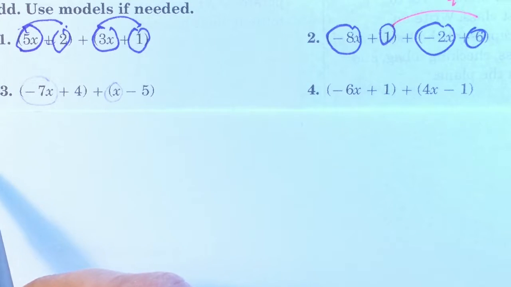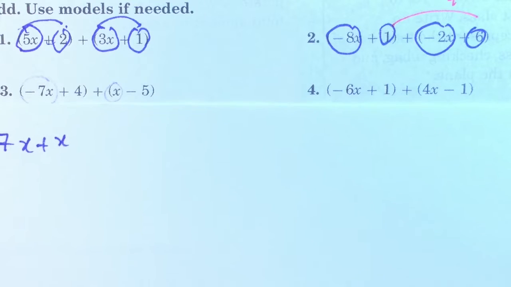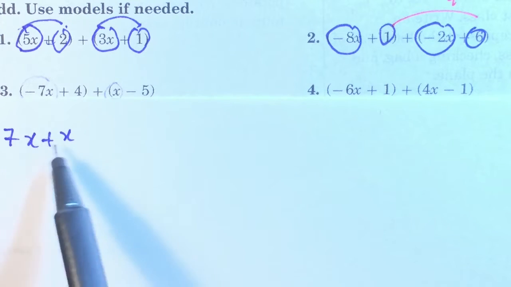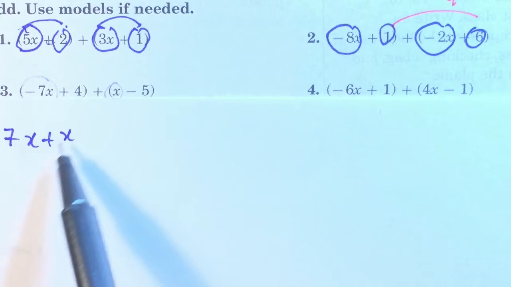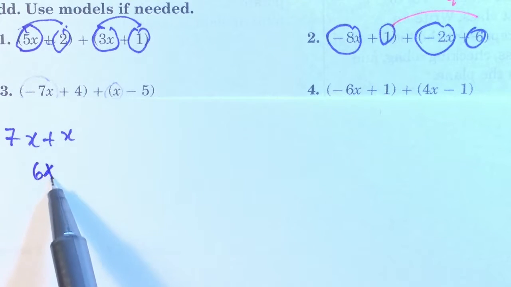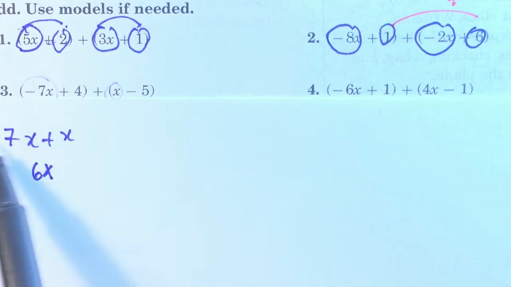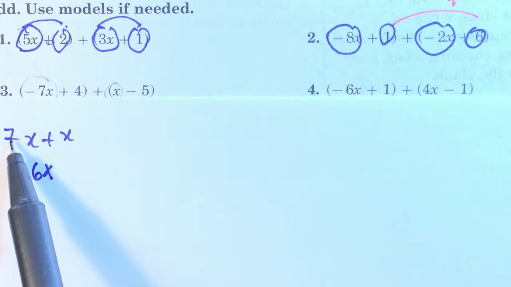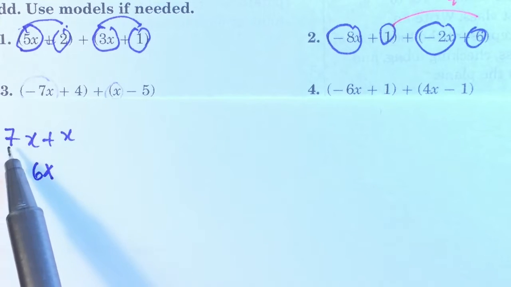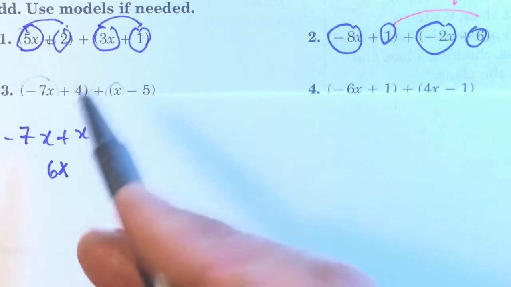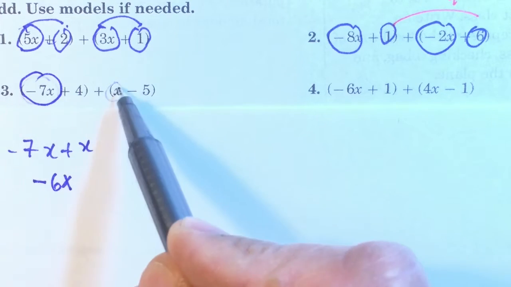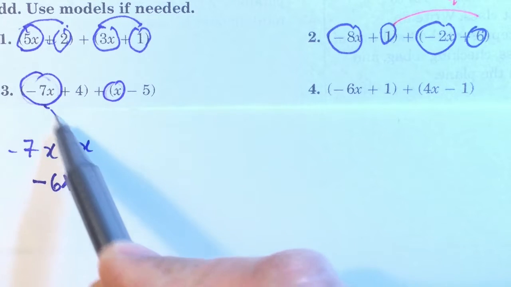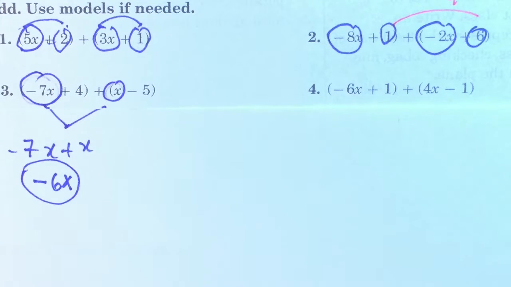Since they have different signs, I'm going to subtract. 7 apples minus 1 apple is 6 apples. Which sign am I going to put? The sign of the bigger. Which is bigger, 7x or 1x? 7x is bigger, so I'm going to put the same sign as 7x, which is negative. So negative 7x plus 1x is going to give me negative 6x.